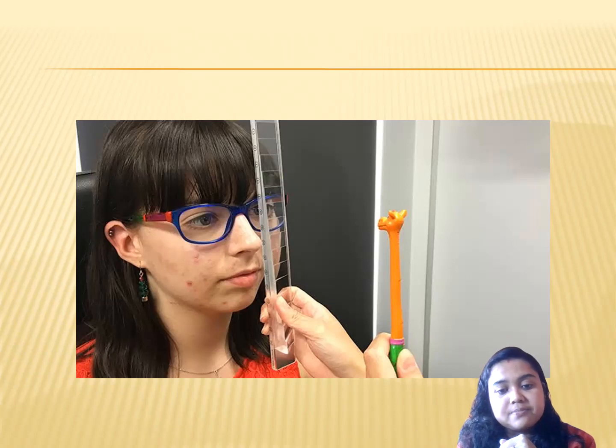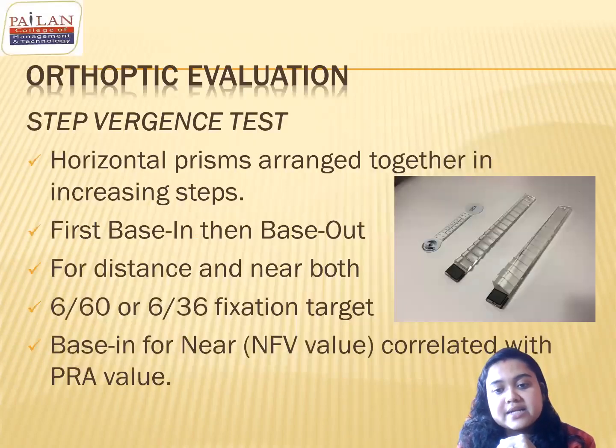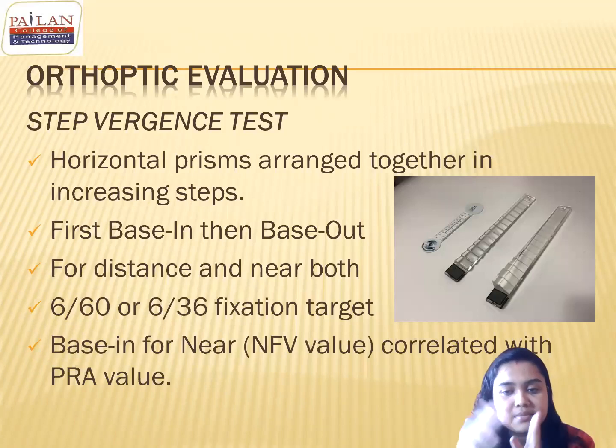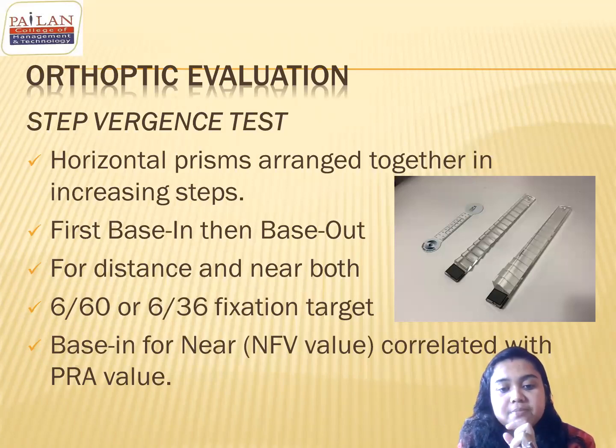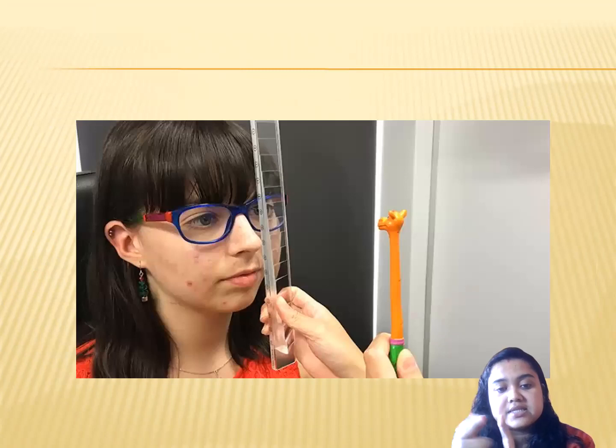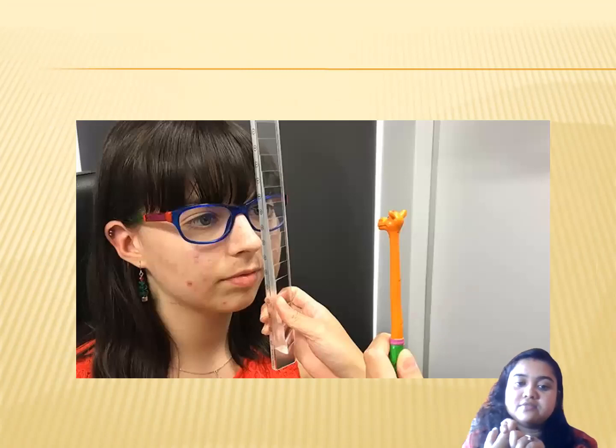With this horizontal prism bar we can test both base in and base out. Base in means we will keep the base of the prism towards the nose. Base out means we will keep the base of the prism outside, and the apex of the prism will be towards the nose. So with the help of base in prism, we are testing the negative fusional vergence value. Is it okay?